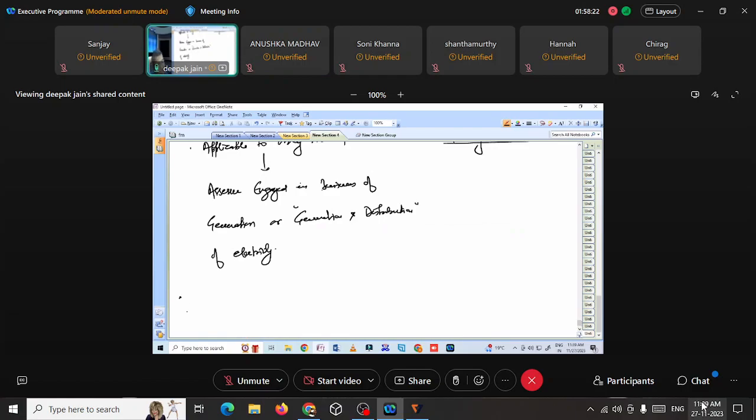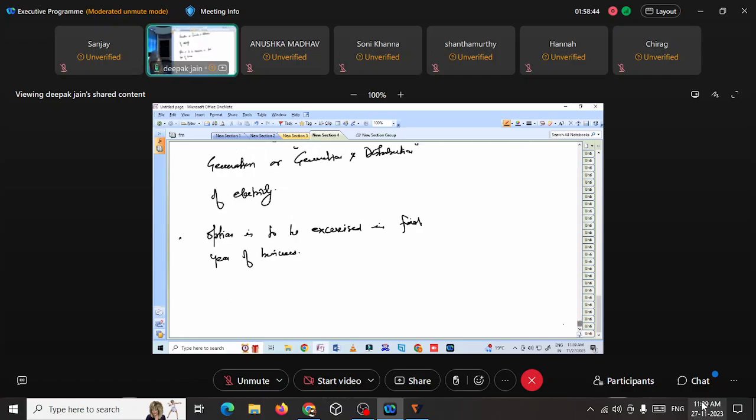They have the option either SLM or WDV. When is the option to be exercised? Option is to be exercised in the first year of business. जिस साल बिजनेस कमेंस करेंगे उस साल बता दो बेटा WDV चाहते हो या SLM. Once the option is opted, it shall not be allowed to be withdrawn.